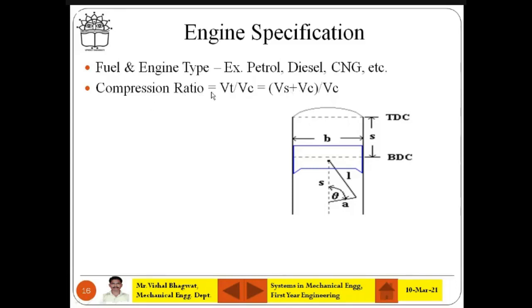Compression ratio for a diesel engine is 18:1. 18 is on the numerator side, meaning total volume, divided by clearance 1. 18 divided by 1, that is 18:1, or 24:1 maximum, that is diesel. For petrol, it is 10:1 or 14:1. Meaning the total volume in petrol will be 10 and the clearance volume will be 1, that is the ratio, and it can be a maximum of 14 divided by 1. That is the compression ratio for petrol.